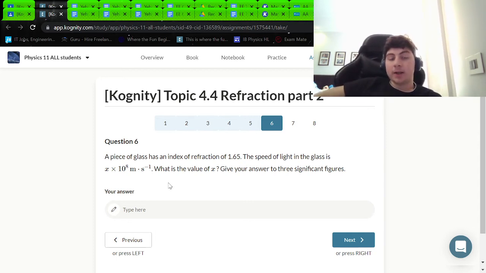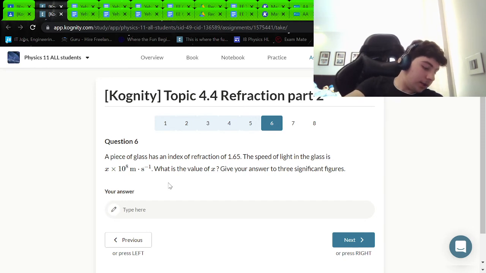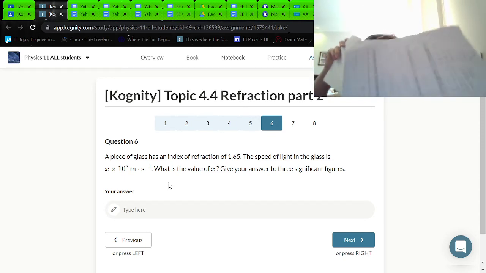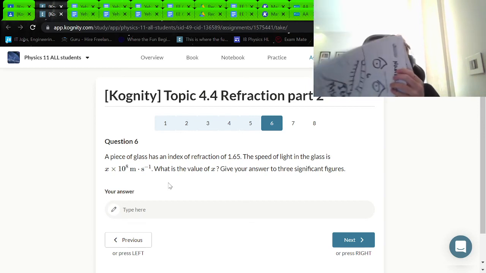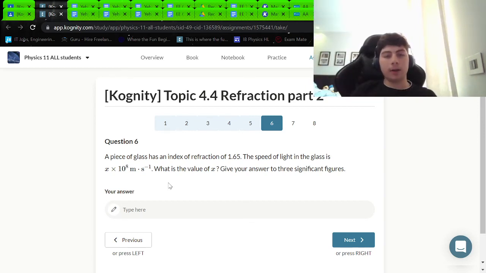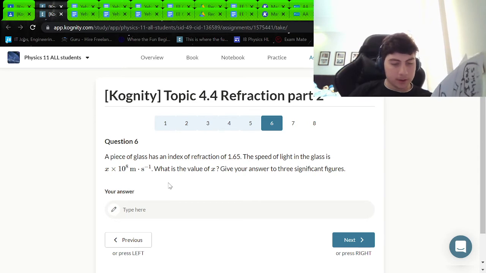Does it tell you anything in the data booklet about the speed of light in glass? Like the V. Isn't that what we're looking for? Never mind. We need a constant. What is a constant? The speed? Something meters per second?